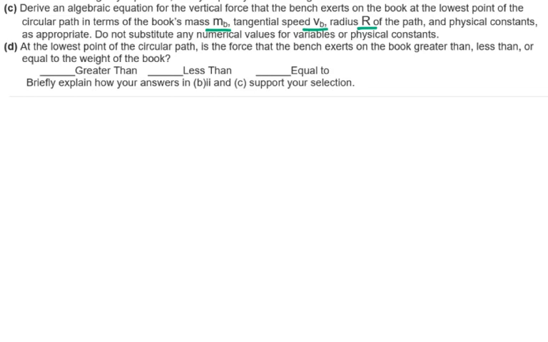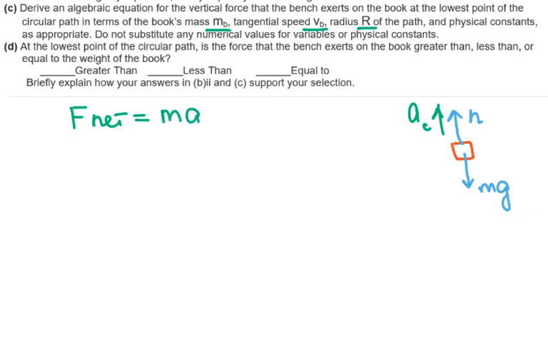So I can look at the book at the bottom of the path, and I have forces acting on it: the normal force and mg. And also there is centripetal acceleration. It's a circular motion, so the net force is equal to m a_c, and a_c is up, so it's positive.